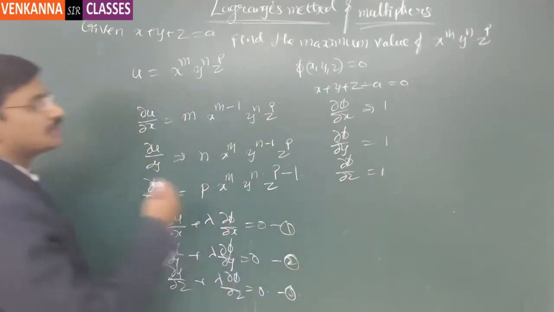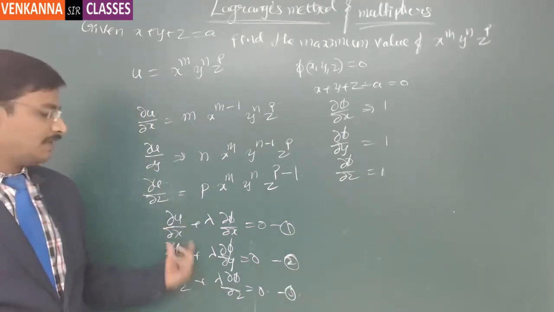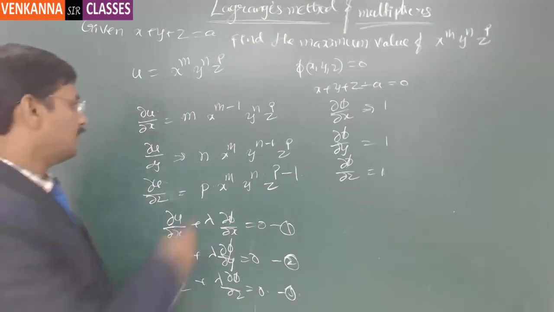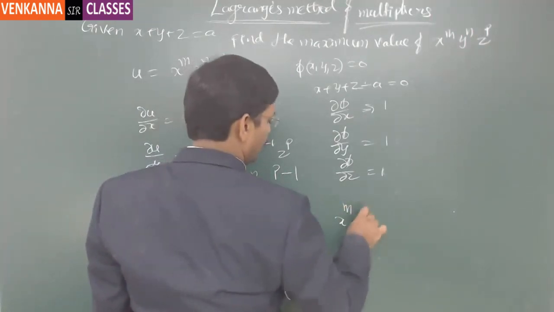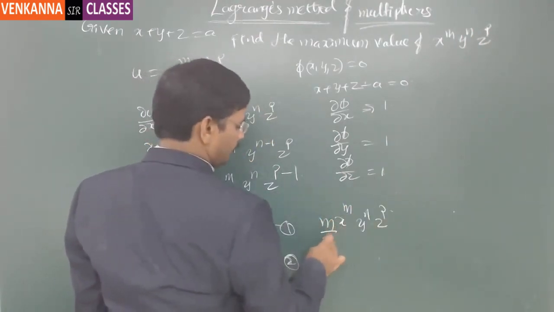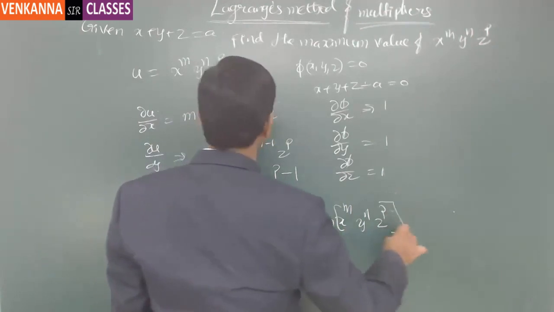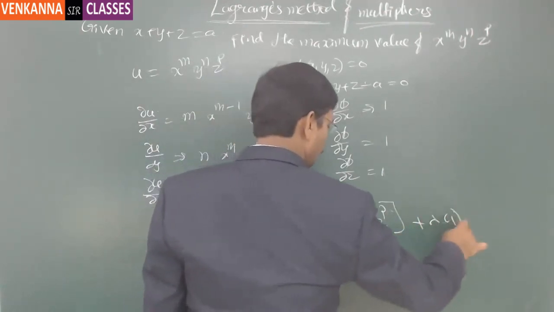Along with the original condition x plus y plus z is equal to a, we will have to solve for this. Now if you put it in the same format, this is x power m into y power n into z power p times m by x plus lambda times 1 is equal to 0.